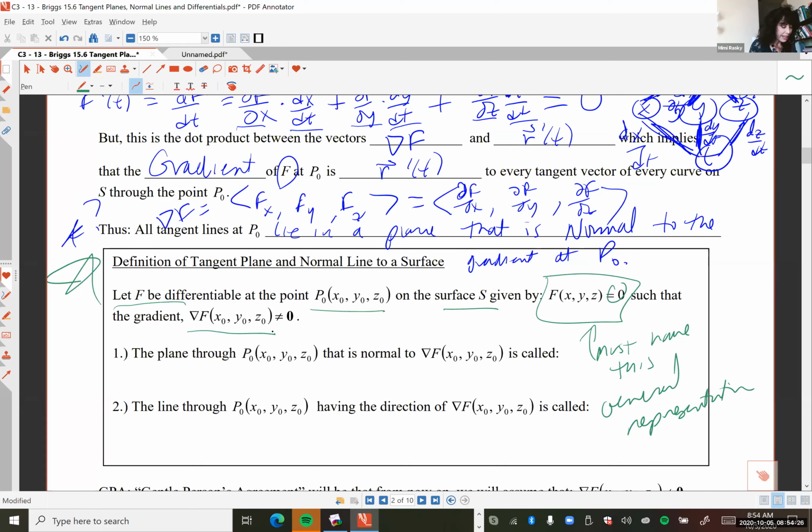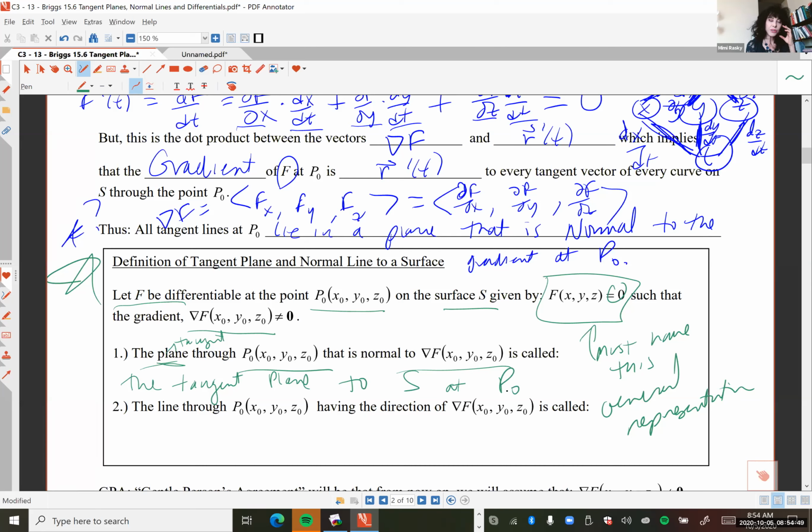And your del F isn't the 0 vector, then the plane through the point P naught that's normal to that gradient is called the tangent plane to S at the point P naught.